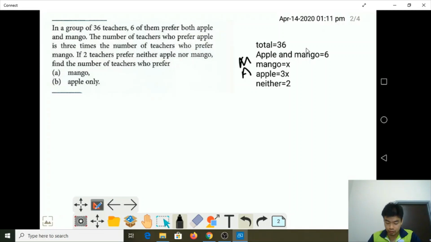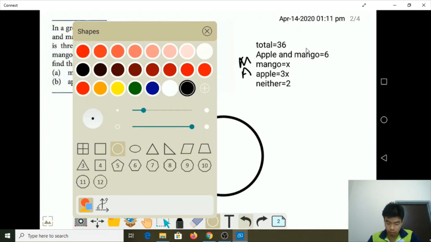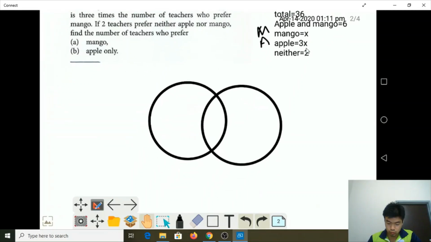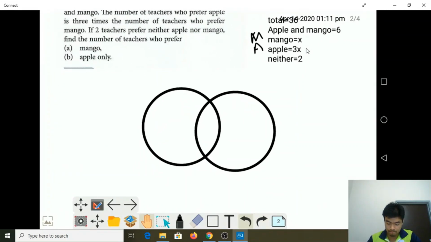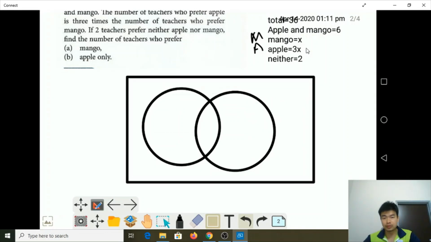Two sets, and one rectangle to encircle everything. I hope you can see. So this is the Venn diagram. I'm going to label: this is mango and this is apple. Now I'm going to fill in the values.